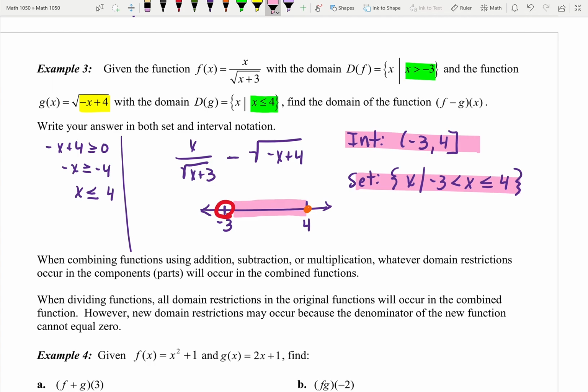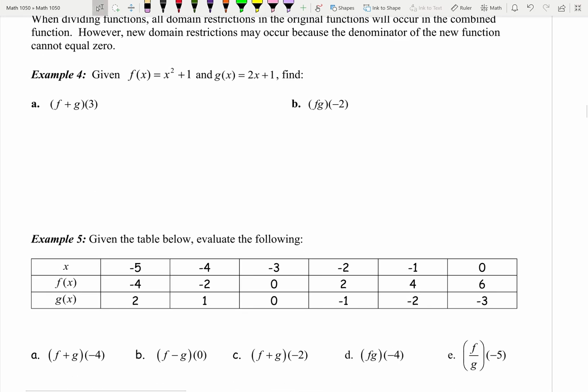So just a quick summary on 2 and 3. Read the question, take that domain restriction, take that domain restriction, graph them on the same number line. Both of those, you have to satisfy both of those requirements. So on that problem, x had to be greater than -3 and less than or equal to 4. Find my double shaded region. There's my answer. Okay? All right, example 4.